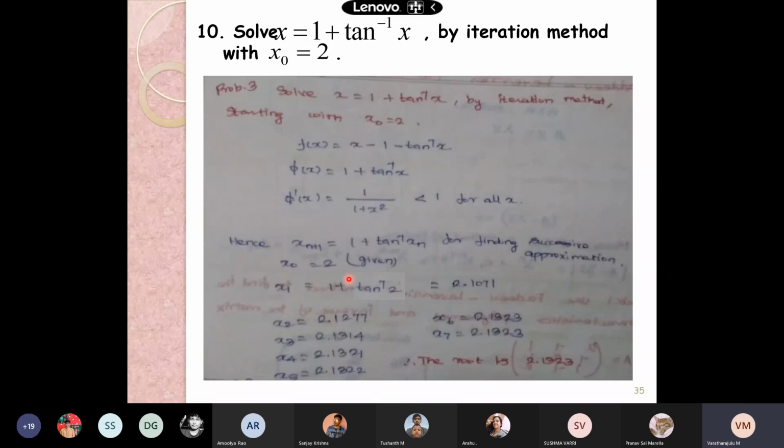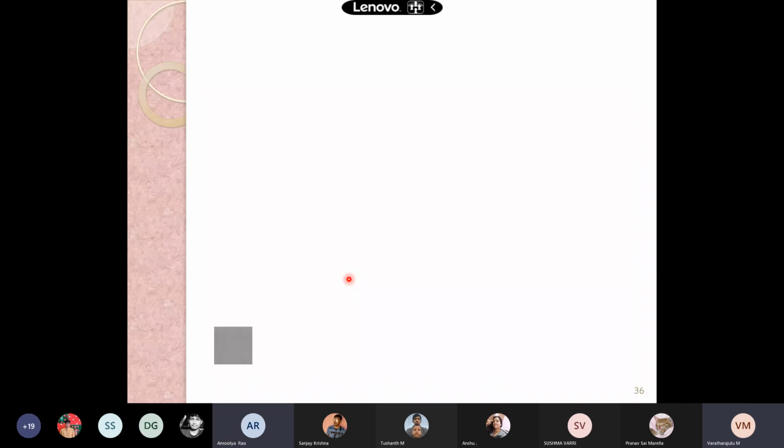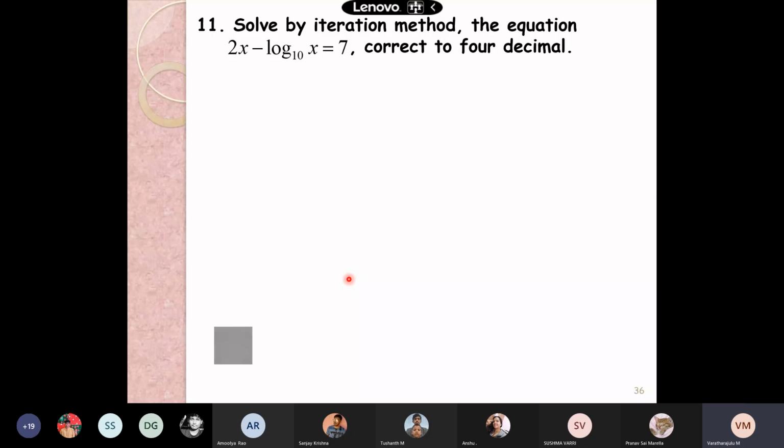So this is our problem number 10, and this is problem number 11: 2x minus log base 10 x is equal to 7, correct to 4 decimal places. Already we have kept the decimal to 4 places, so don't worry about it. What are the possibilities for phi of x?